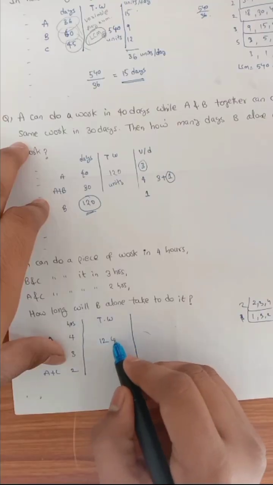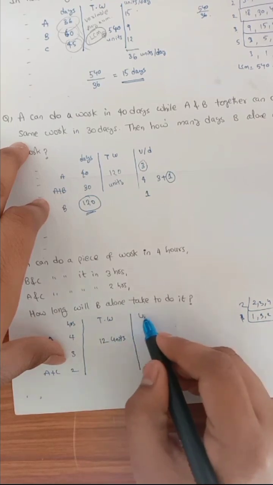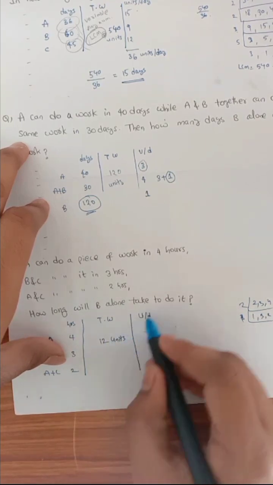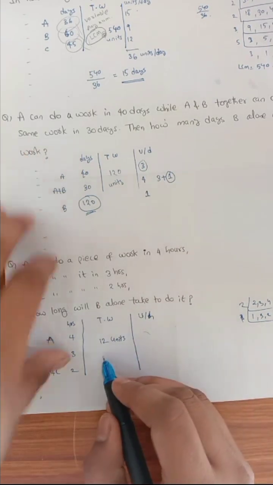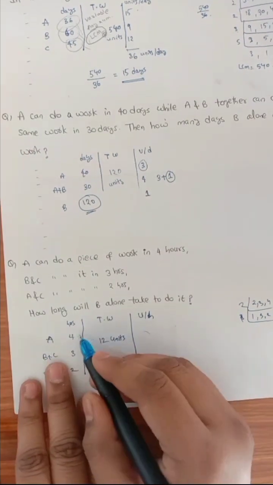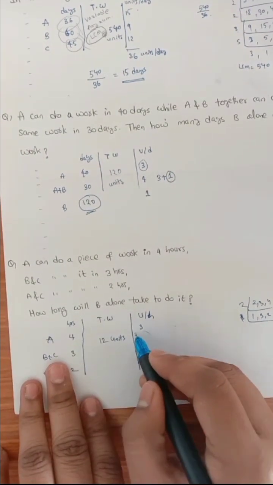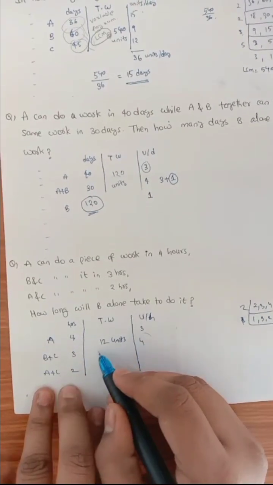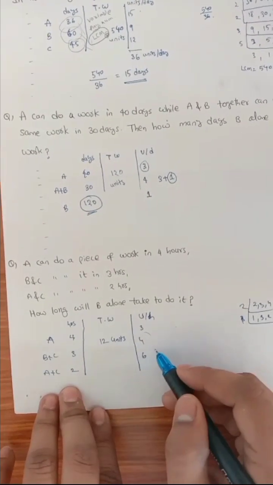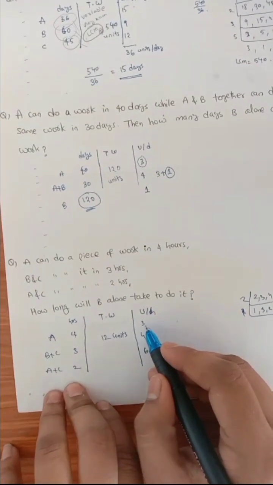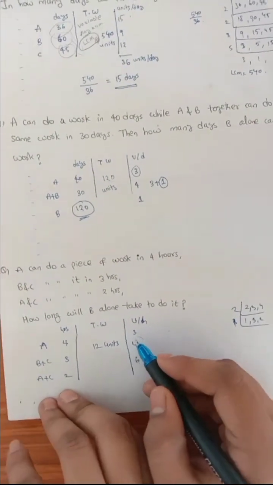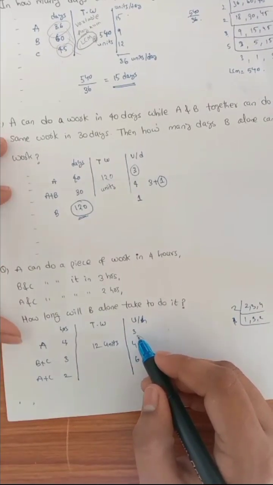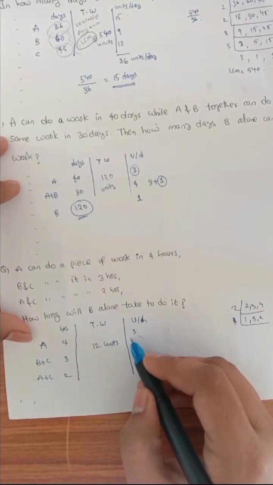The total work is 12 units. Now unit per day, or unit per hour, is 12 divided by 4, so we get 3 units per day. And 12 by 3 is 4. 12 by 2 is 6. So now A alone can do 3 units per hour.